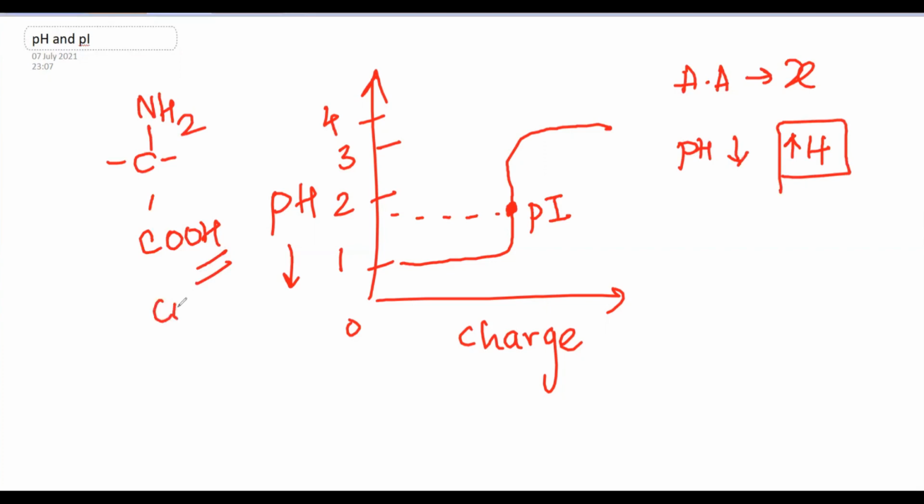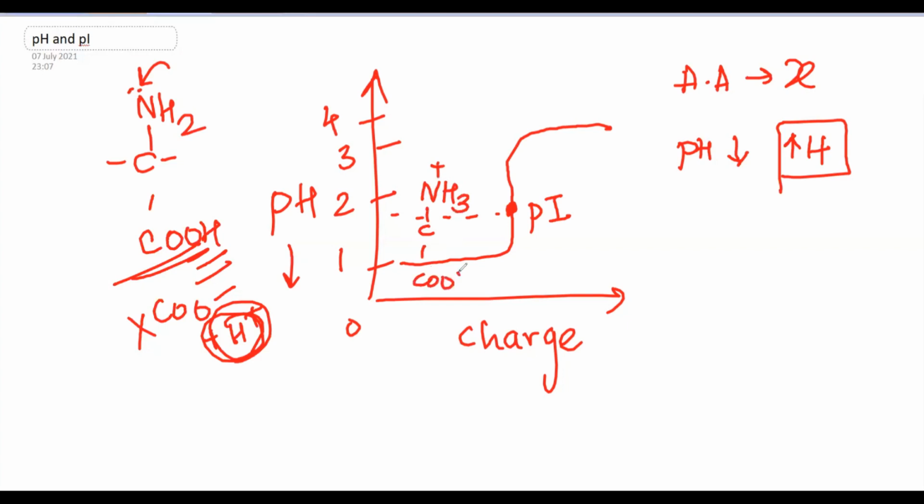It would not get ionized, because we already have H plus in excess. So this will not ionize. But since there is a lot of H plus, it will go and form a bond with the lone pair on this NH2. So what would be the structure at this point when the pH is low? The structure of the amino acid would be something like this, that is, it would have a net positive charge.